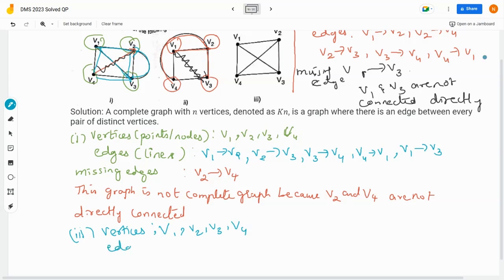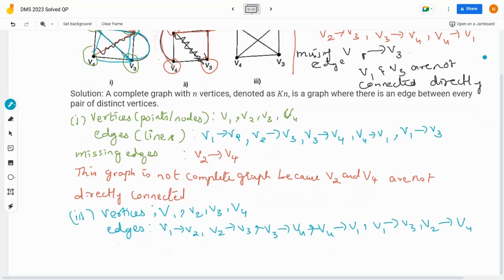Then edges are V1 to V2, V2 to V3, V3 to V4, V4 to V1, and V1 to V3, then V2 to V4. So here no edge is missing. Conclusion: it is a complete graph.